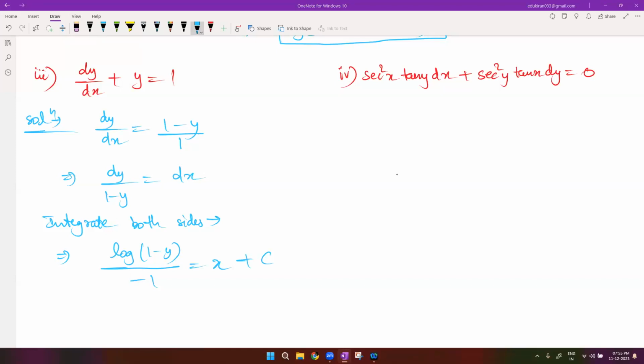Acha. Chalo, let's check fourth one also, Shavis. So this should be like this, and if I take this -1 to the right hand side, then this can be written log of 1 minus y is equal to minus x plus c.